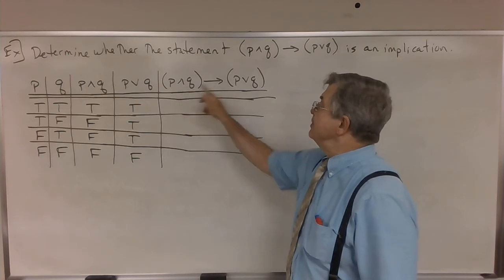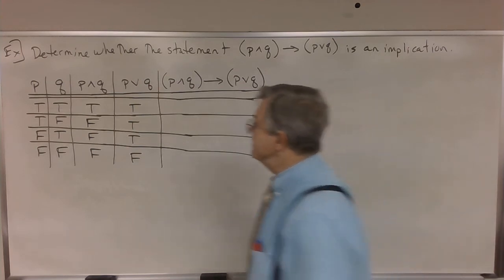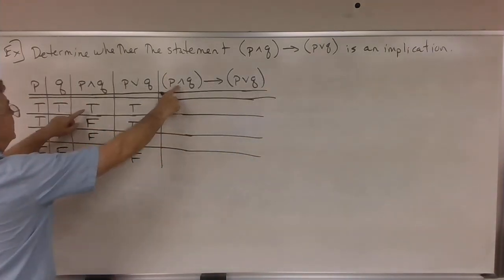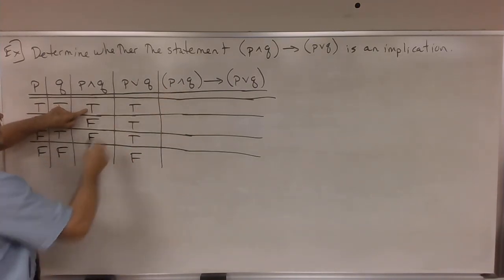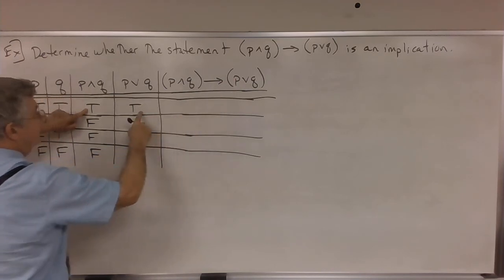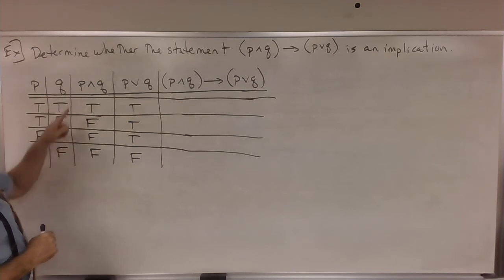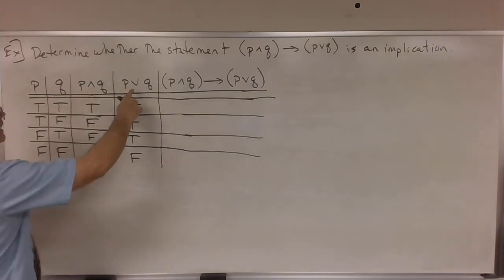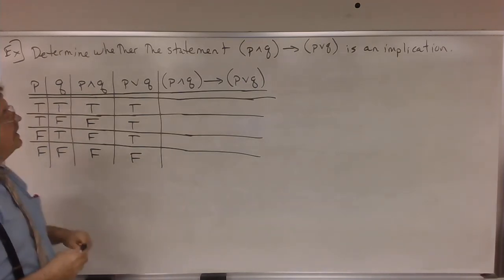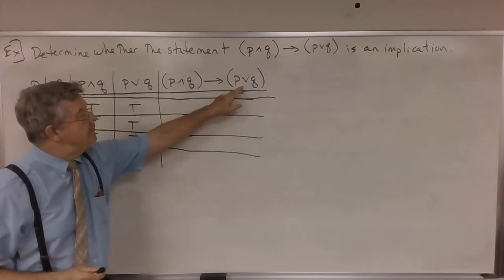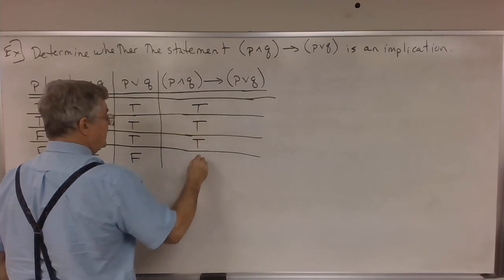So if this is true and that's false, the statement's going to be false. Now, where does that happen? Well, let's see. This is the only case where P and Q is true, and P or Q is true at the same time. It's never the case that P and Q is true and P or Q is false. That doesn't happen. So we never have true implying false. So this is going to be true all the time.